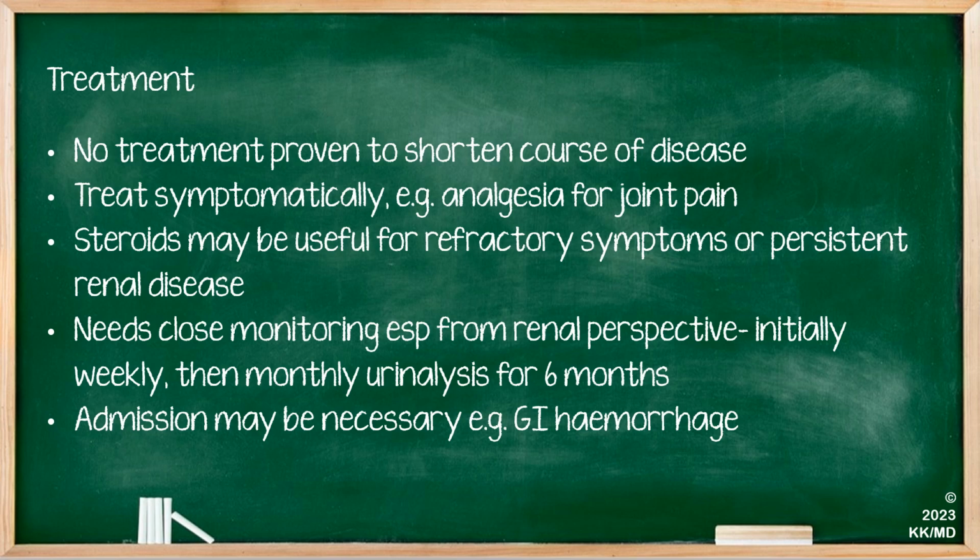It's really important that the care of this patient is joint with the nephrology team, and they would need close monitoring, especially for potential AKI. The guidelines suggest that this monitoring needs to happen initially weekly, but then you can drop it down to a monthly urine test for up to 6 months. And if this is a complex case complicated by GI manifestation and you would be worried about potential GI hemorrhage, then of course it would be important to admit the patient.